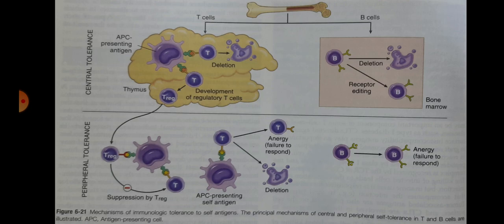There is a similar slippage in the B cell system. Self-reactive lymphocytes that escape negative selection can inflict tissue injury unless they are deleted or muzzled in the peripheral tissues.